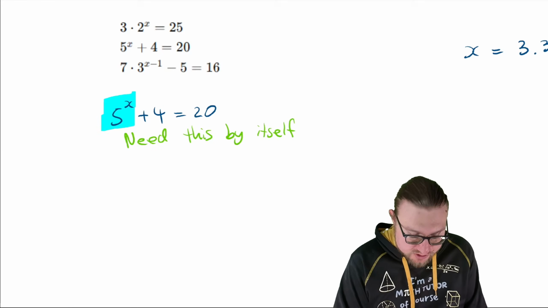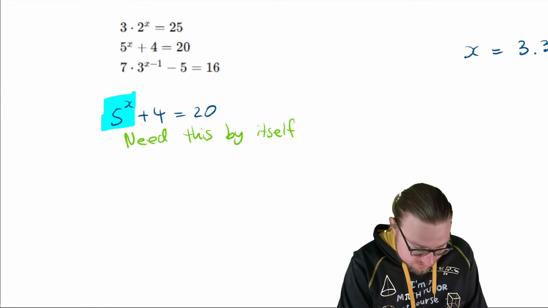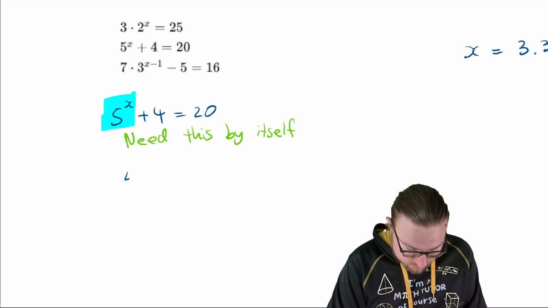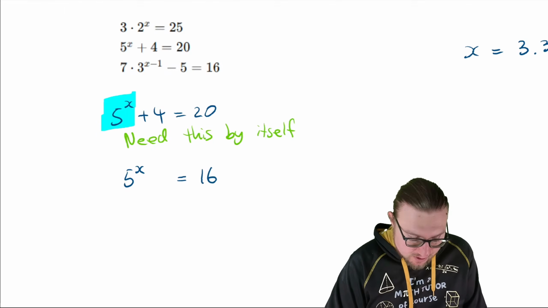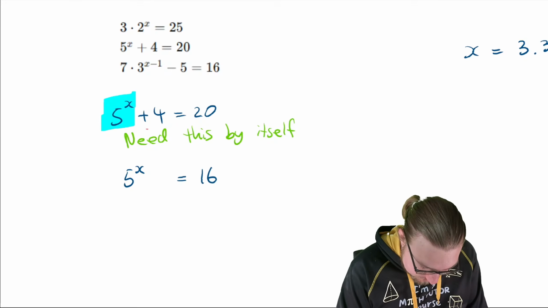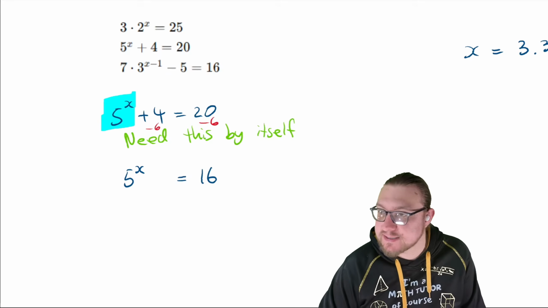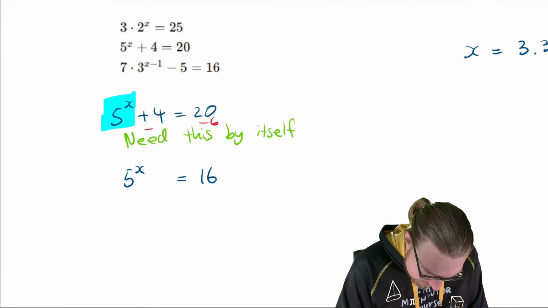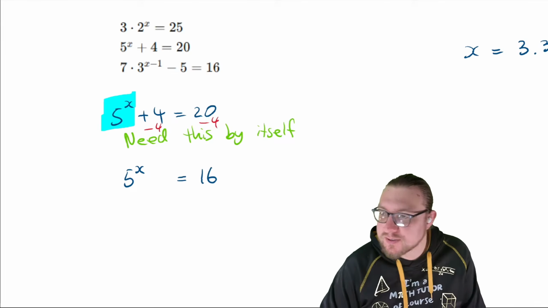Yeah, so we need to do some algebra to move some things around. So let's do that. 5 to the power of x is equal to 16. Well, we're going to have to do minus 4 on both sides. I'm pretty sure you guys are pretty good with that. Of course, minus 4 and minus 4. Sorry, guys.